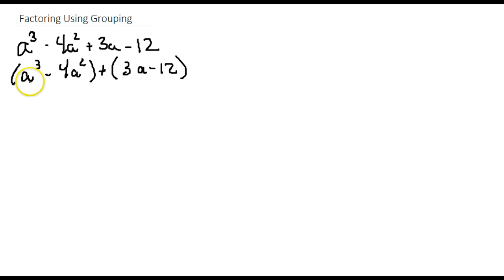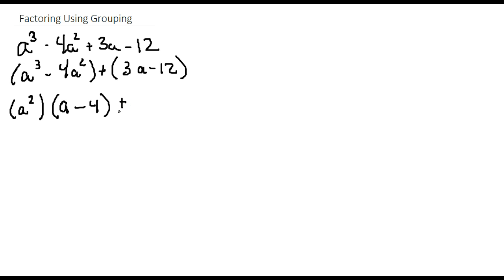So what can we pull out of a cubed minus 4a squared? We can actually pull out an a squared because each term has at least an a squared. So that looks like, open parentheses, a squared, close parentheses, open, a minus 4 is what's left inside.